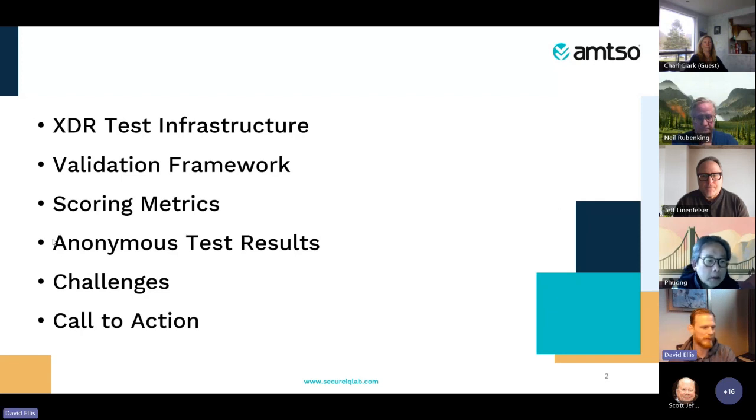And then we have some anonymized test results that we've lumped together. And I think that's going to be one of the more interesting parts, that and the challenges that we've seen in doing XDR testing. And then lastly, we of course have a call to action for AMTSO members as well as XDR vendors as a group.